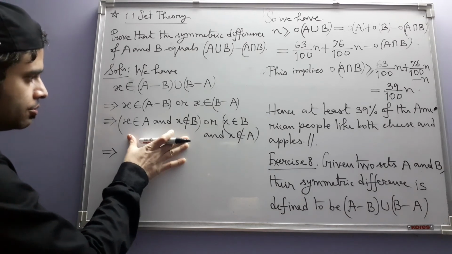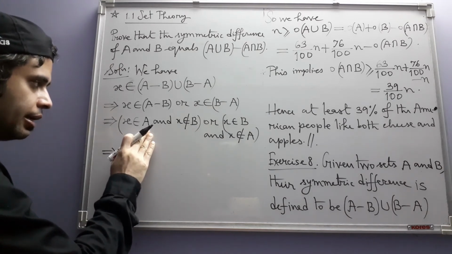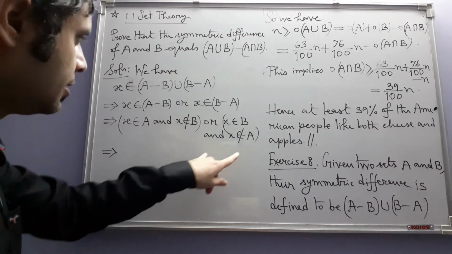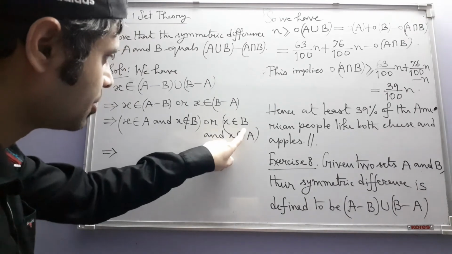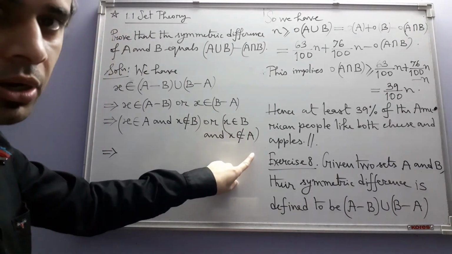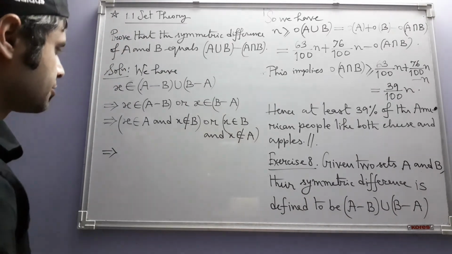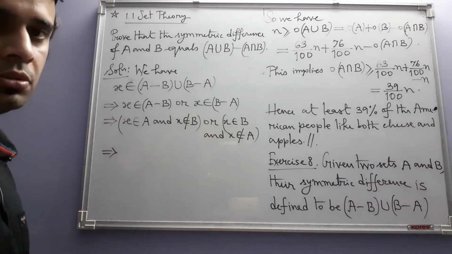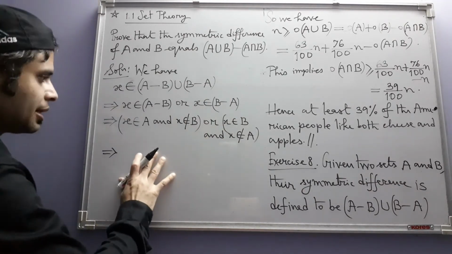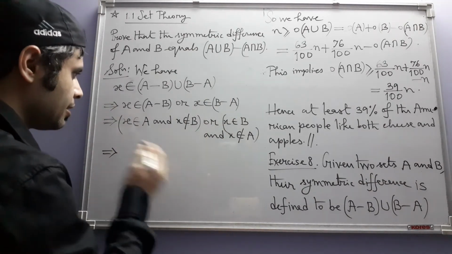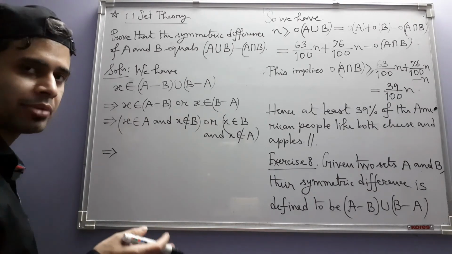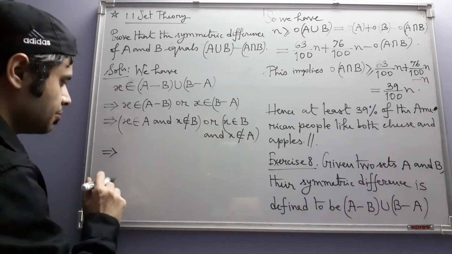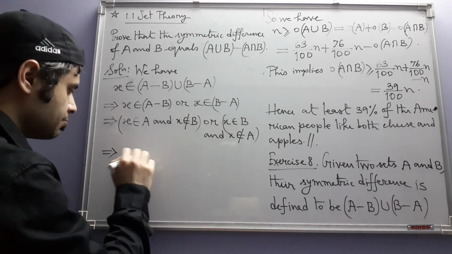If this is true, then X belongs to A and X does not belong to B. If this is true, then X belongs to B and X does not belong to A. So that means either X belongs to A or X belongs to B. Or if you find it difficult to think of it like this, we can use the principles of mathematical logic and write this statement like this: X belongs to A.